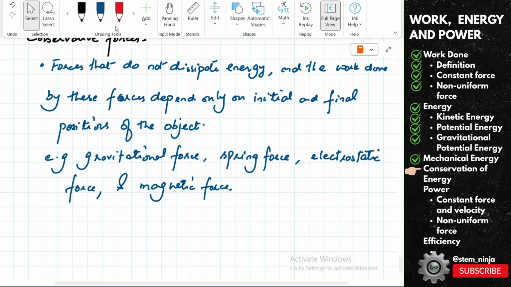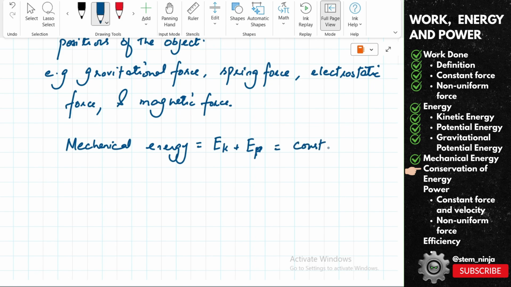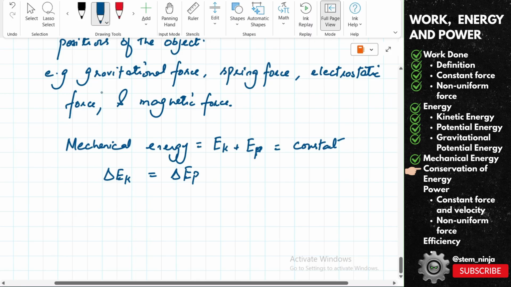Okay, and the energy that we're talking about is the mechanical energy. So mechanical energy is conserved over here. So mechanical energy, which is the sum of kinetic and potential, remains constant, which also means that the change in kinetic energy will be equal to the change in potential energy. We also studied this in the work kinetic energy theorem video.